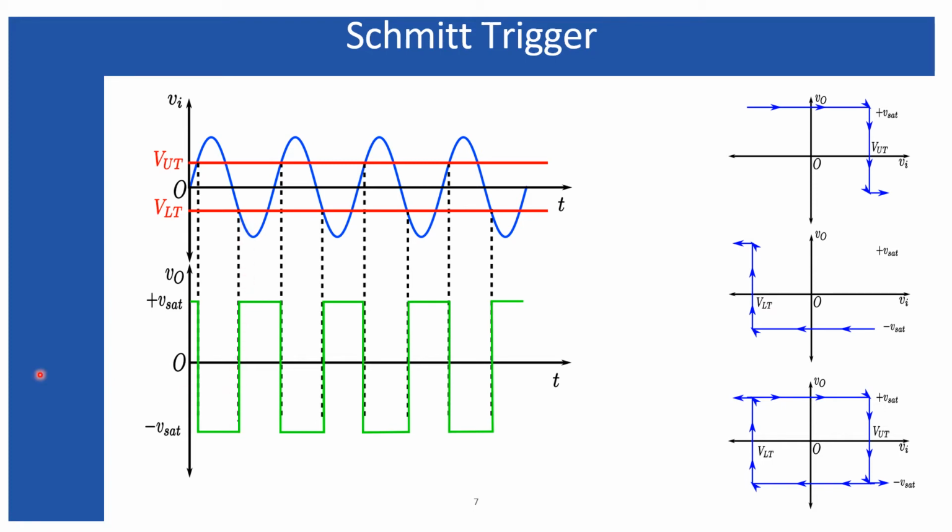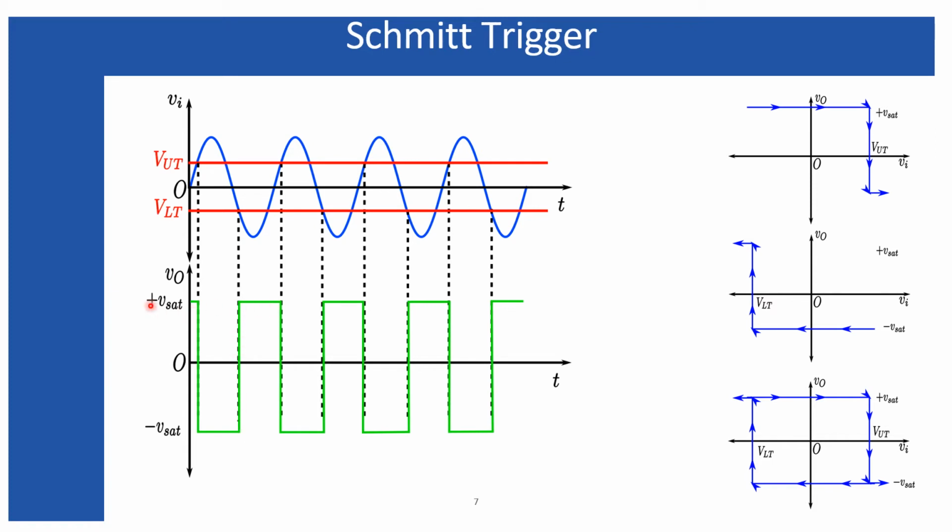Therefore, the output of the operational amplifier can change to the plus saturation voltage only when the input sinusoidal voltage becomes less than the lower threshold voltage, not the upper threshold voltage, because right now there exists no upper threshold voltage. At this instant, since the input voltage becomes less than the lower threshold voltage, the output switches back to the positive saturation voltage.